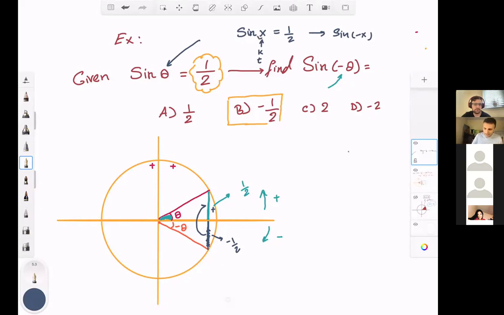So when I say x, don't think I'm looking for this x-axis. There's nothing to do with that. X will be this guy. So this will be x, and this is negative x. All right. So why do we have x there? Doesn't matter. Sine and all the six trigonometric functions get the angle here. We can label it anything we want.